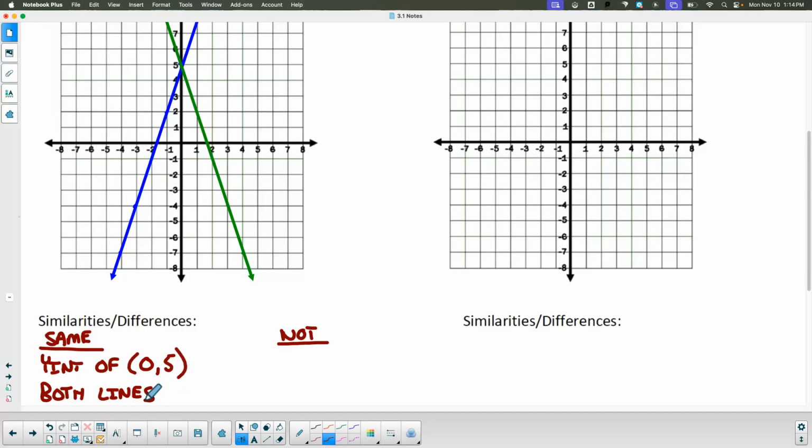Differences now. One is positive and one is negative. What's positive? What's negative? The blue line is positive. There we go. One's got a positive slope. One's got a negative slope.